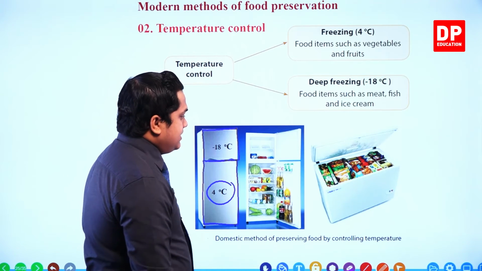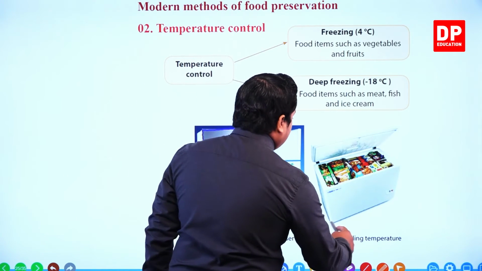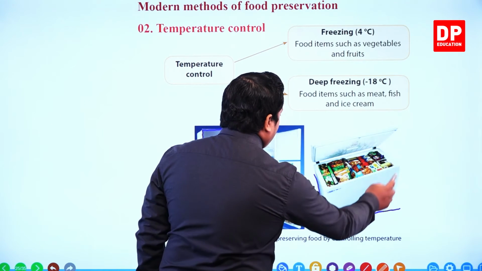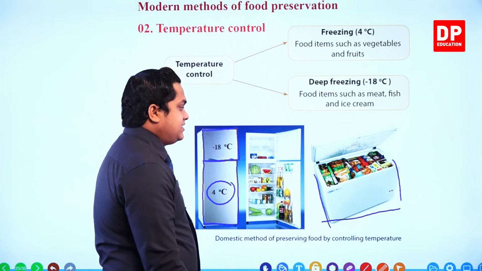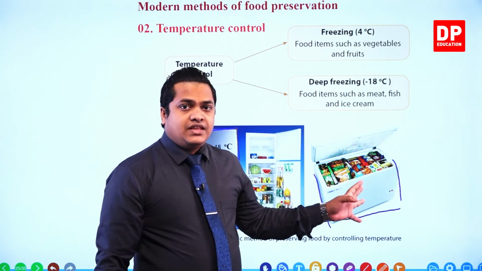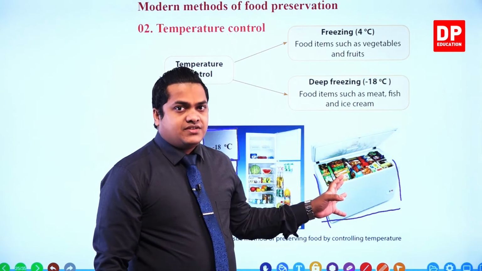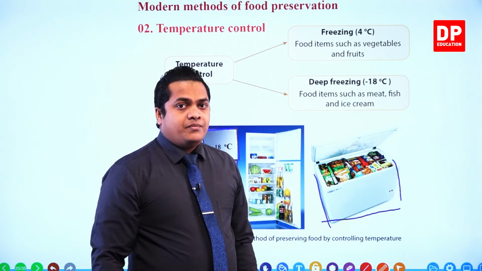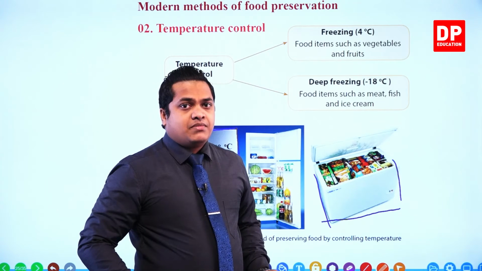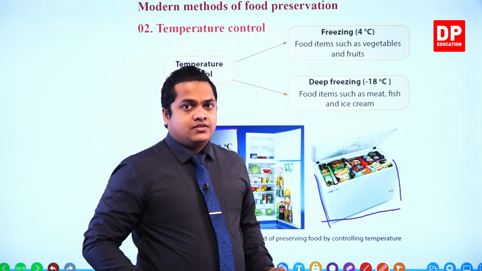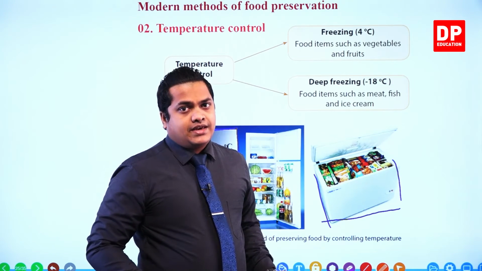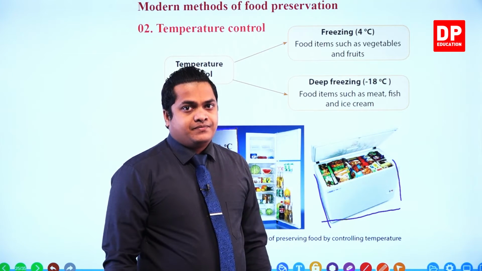And there are certain other types of deep freezers like this. In supermarkets, I think you have observed these things. These deep freezers are used to store heavy amounts of loads, so in that case you have to use a deep freezer.